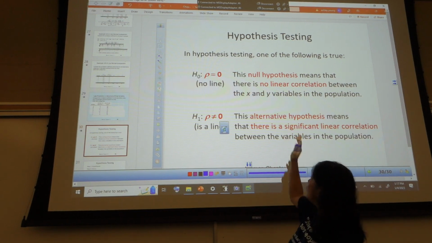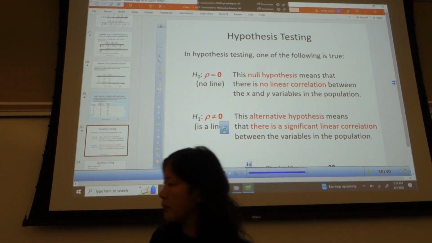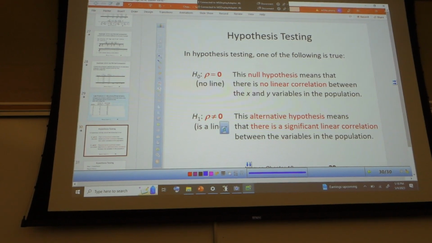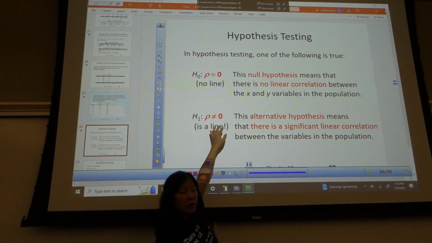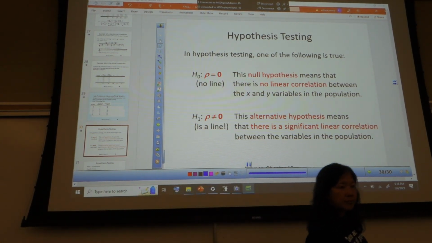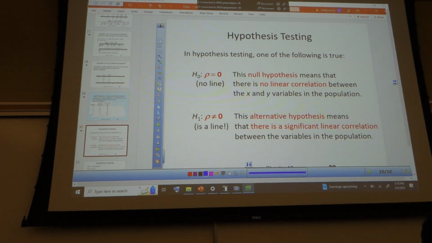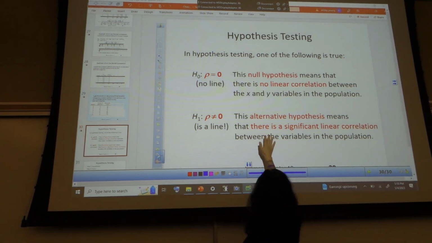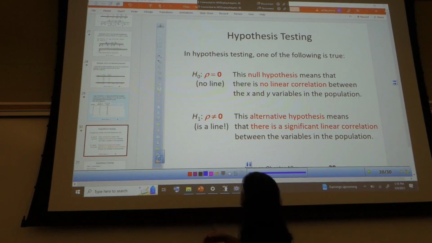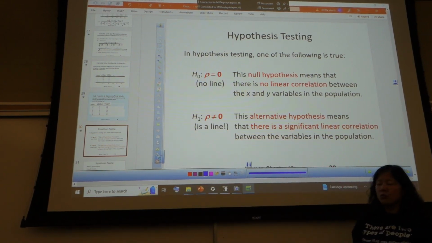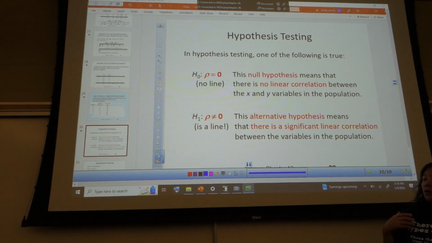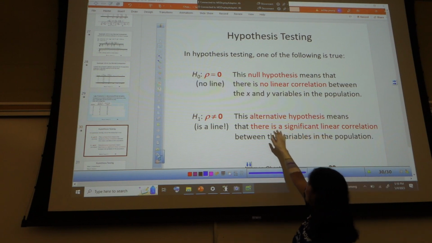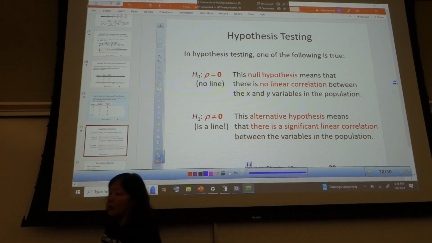So not a line, no correlation. H1 would be that rho is not equal to 0. In other words, it's close to 1 or negative 1. So it is a line. Yay. There is a significant linear correlation. So again, we don't reject H naught if our p-value is large. If our p-value is small, we would reject H naught, which supports H1, and then it would be a line.